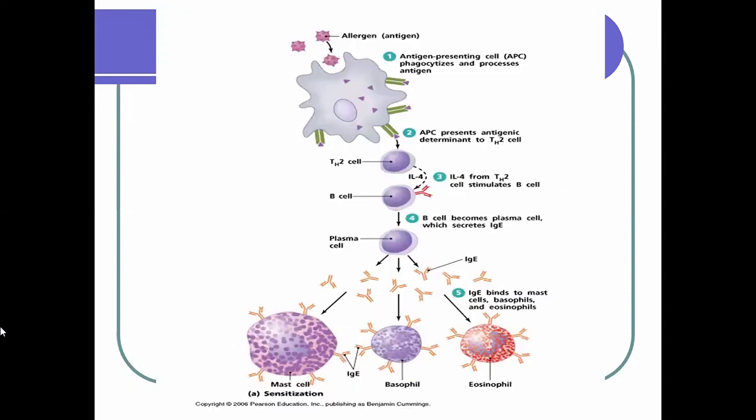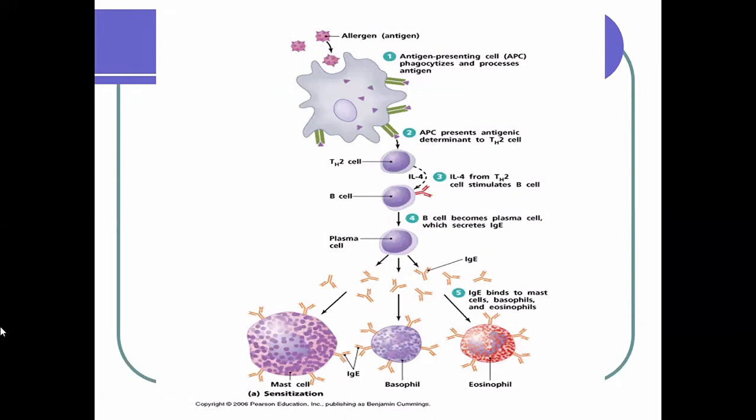So we have the allergen, and then we have the macrophage, the antigen presenting cell that phagocytoses and processes the antigen. And then the antibodies attach. So we have this following cascade of events up to the time that there is sensitization.